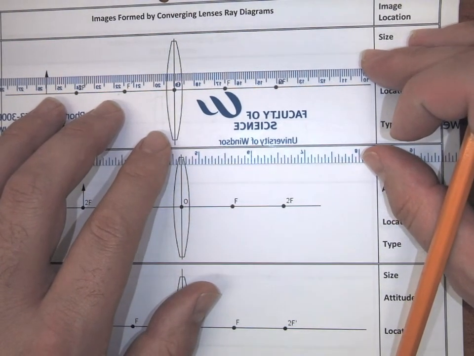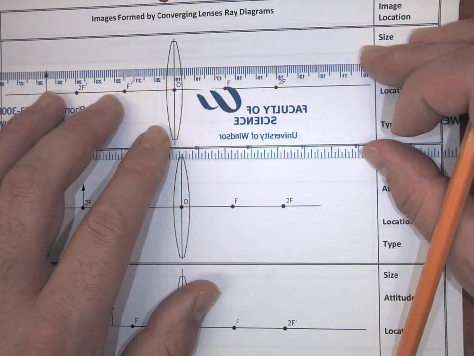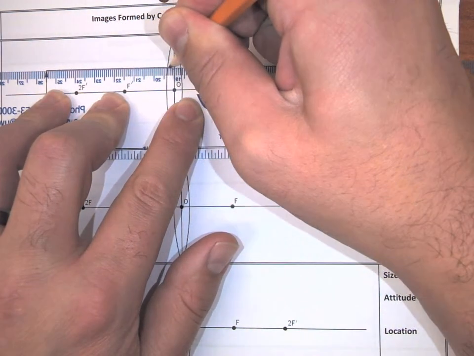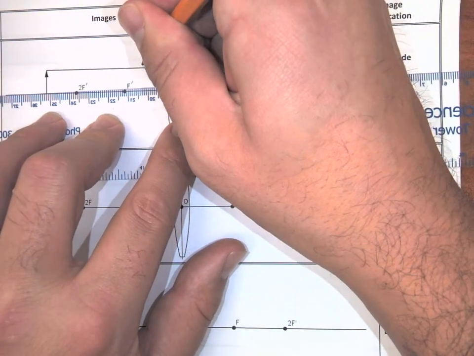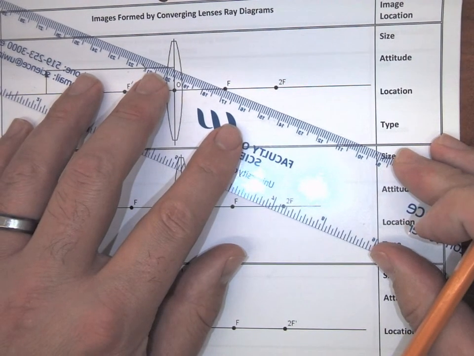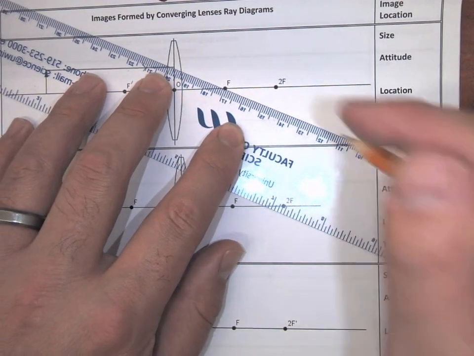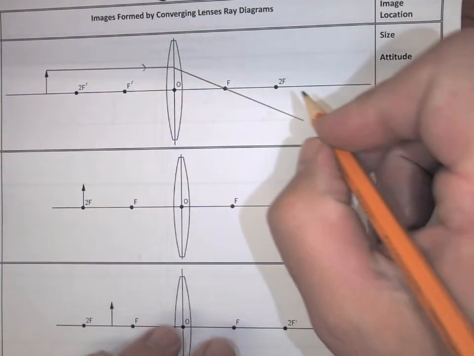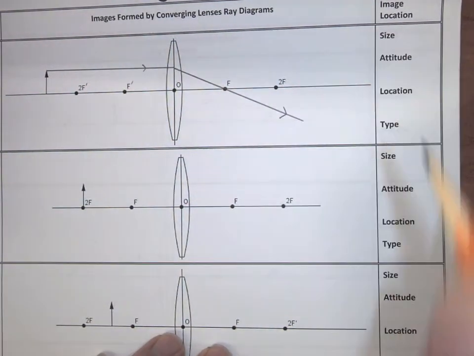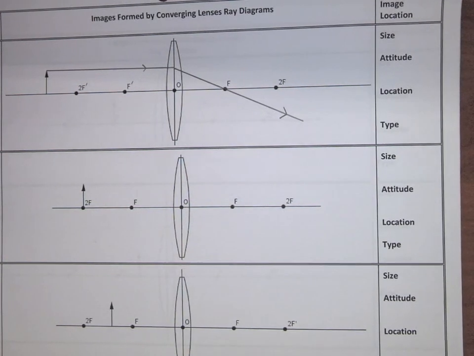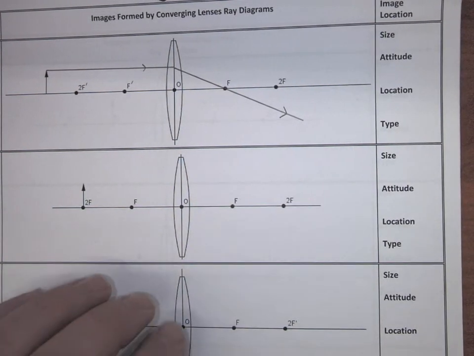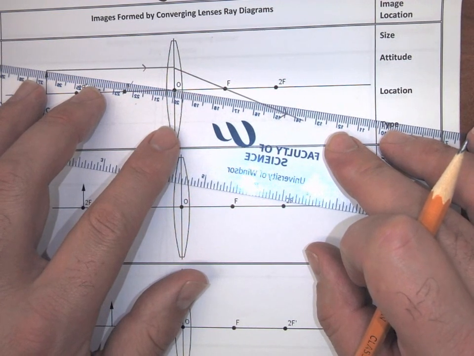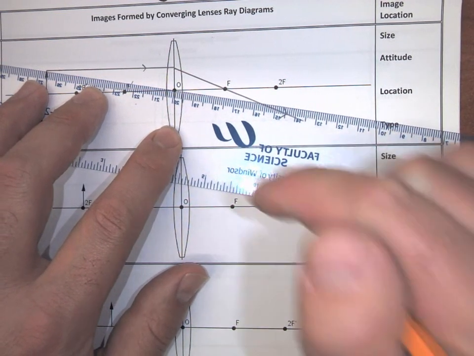Our first ray that we're going to draw is parallel to the principal axis. It hits our vertical axis, and it gets refracted through the principal focus. The second ray that we will draw is the easiest ray. This ray simply goes through the optical center.